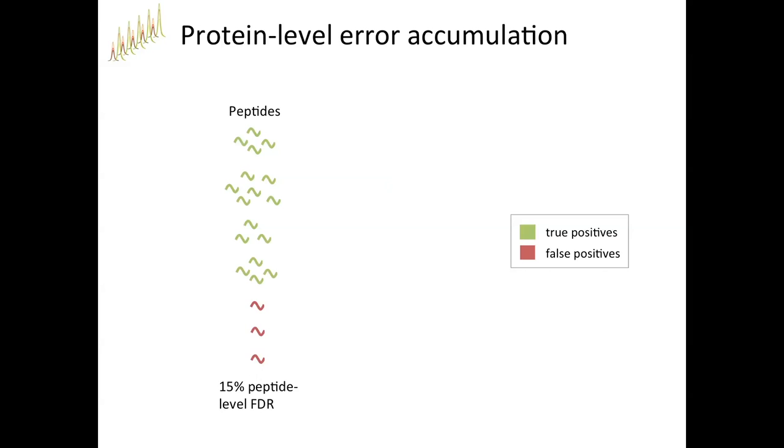We have detected several peptides in our data set, and we allowed 15% FDR. So in this toy example, we have 3 false positive peptide detections.